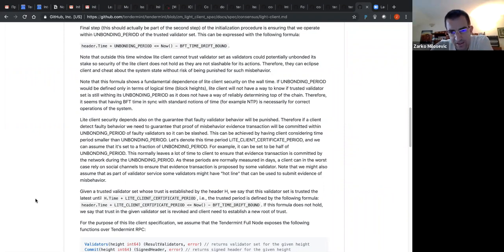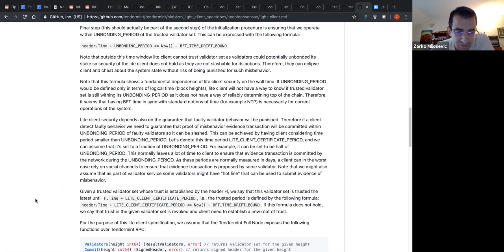As we talk about days, we can imagine some kind of social aspect here: if you try to submit evidence and no one is processing it, you can try to raise this at a social level or talk directly with validators to process this very important transaction. I was even imagining that validators can offer as part of their service some kind of hotline where you can submit evidence of misbehavior, so that we can indeed operate within this trust period.